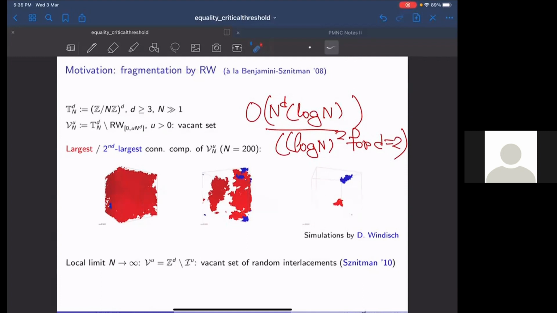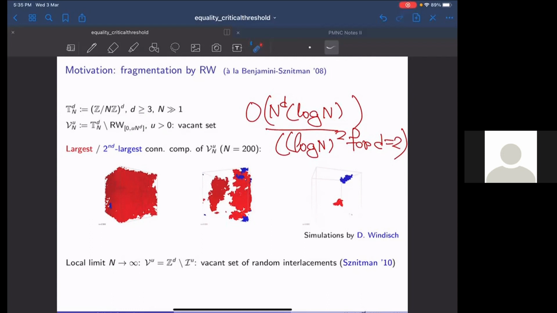The reason is that when you run it until u times n to the power d amount of time, and you look at the complement of the occupied vertices, which we call the vacant set, the naming is clear because it's left vacant, not occupied by the random walk yet.